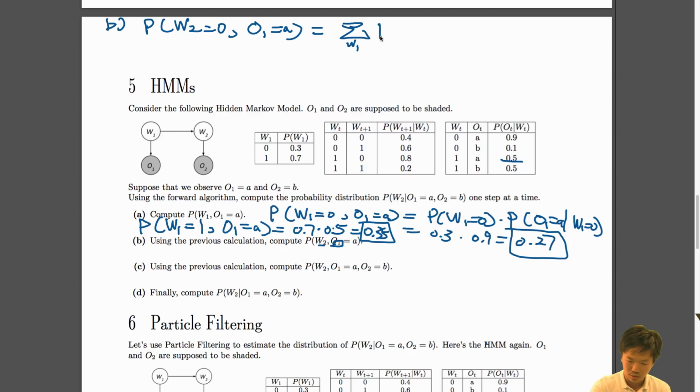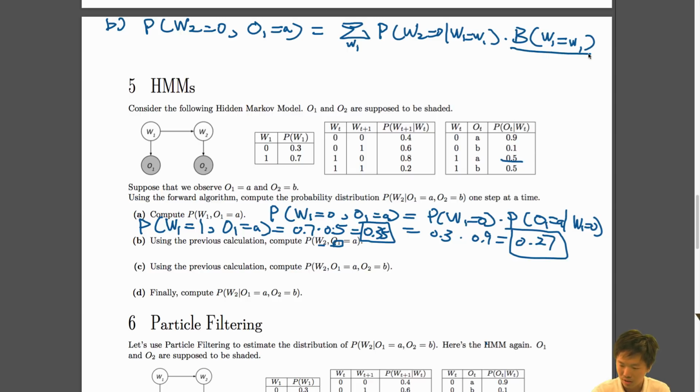And the transition probability from W1 to W2 equals 0 times the belief, the true belief for W1 equals that particular value of W1.